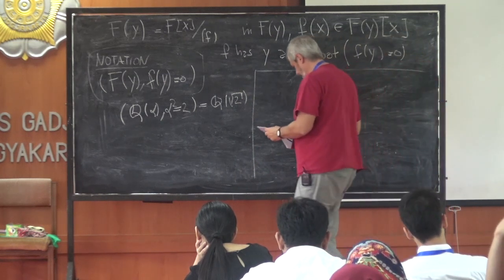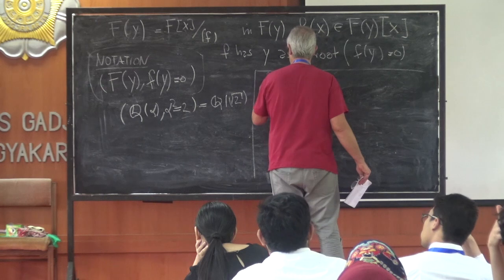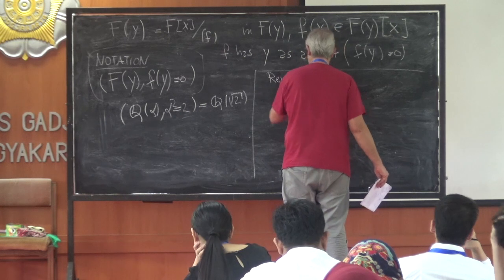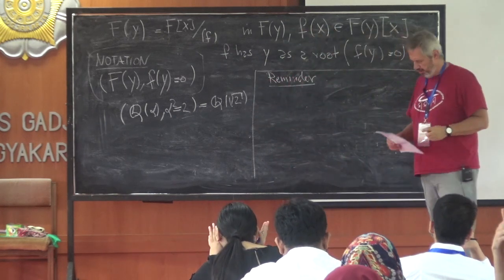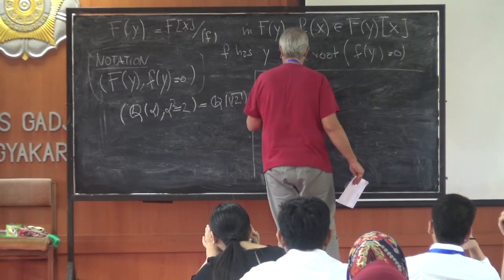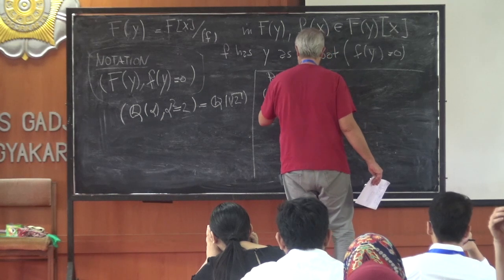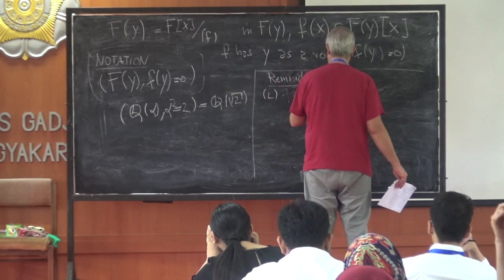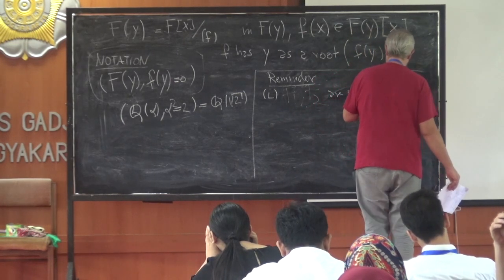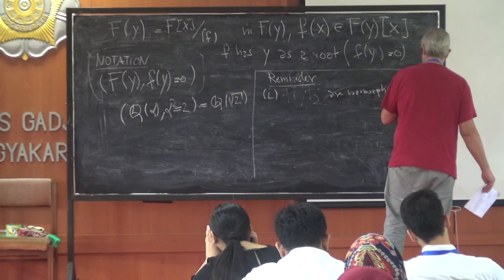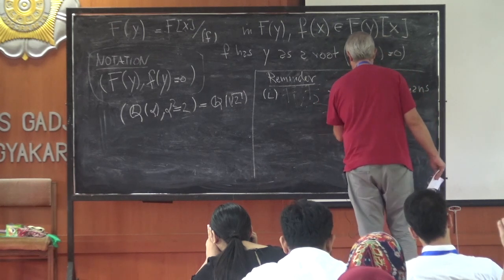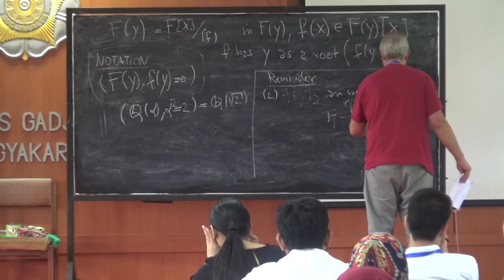Now I would like also to make a reminder of some names which are often used in field theory. So F1 and F2 are isomorphic. So this means that there is a mapping, call it phi, from F1 to F2.